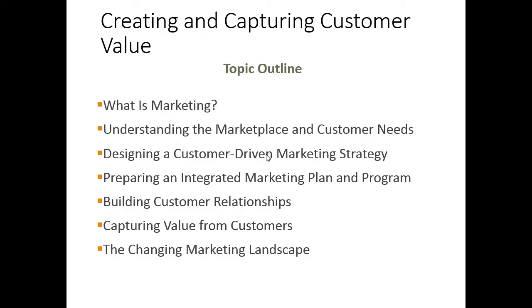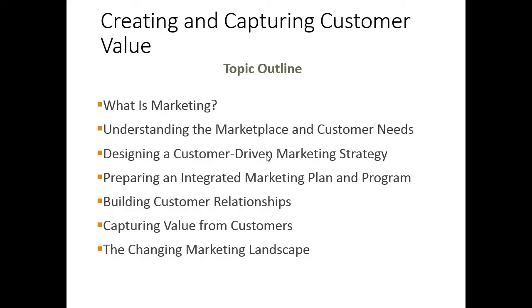Then we'll talk about this whole notion of relationship building. Here we're talking about trying to build relationships rather than being what I call a transaction-oriented business, where you're just focusing on getting the next deal done. You really should be trying to build a relationship, and that's what leads to brand loyalty.